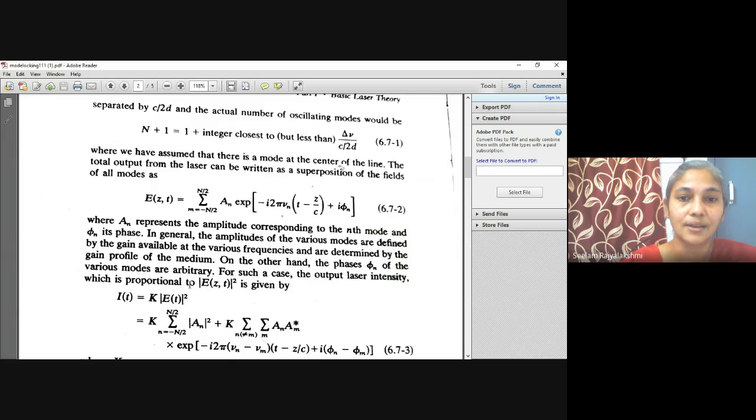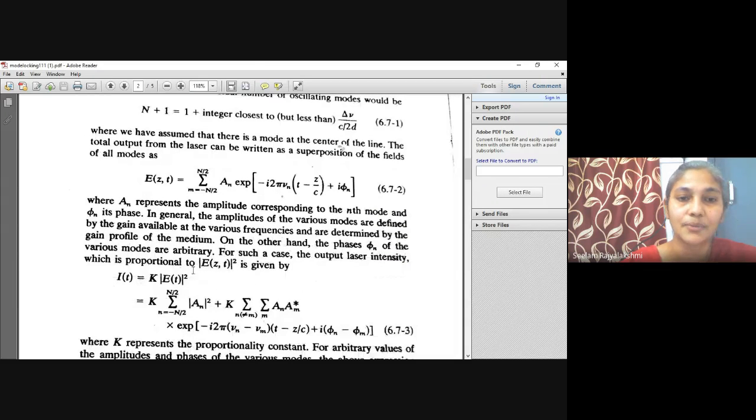For such a case, the laser output intensity is proportional to mod E of z comma t whole squared, which is I of t, the intensity at a particular time t.